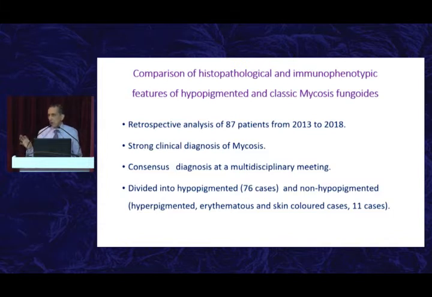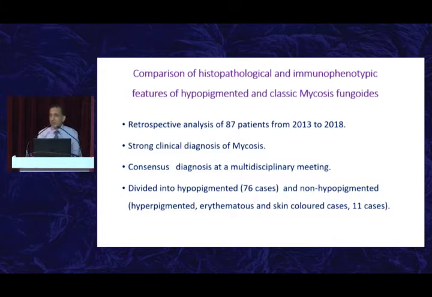But where it was not written, we did not include them in the study. Okay, so that is why after 5 years we had only 87 patients. And as I said, these are not cases where you thought of something else and we thought of mycosis fungoides. These were cases which initially you thought was mycosis fungoides, but there was a consensus diagnosis.